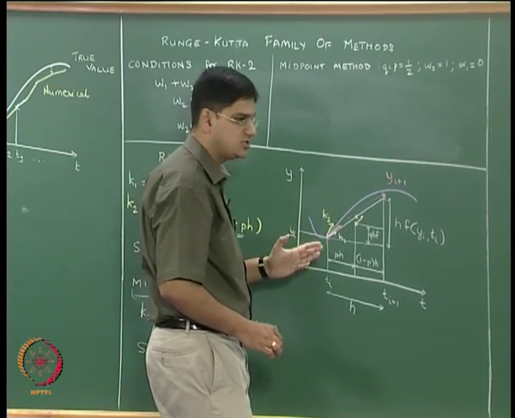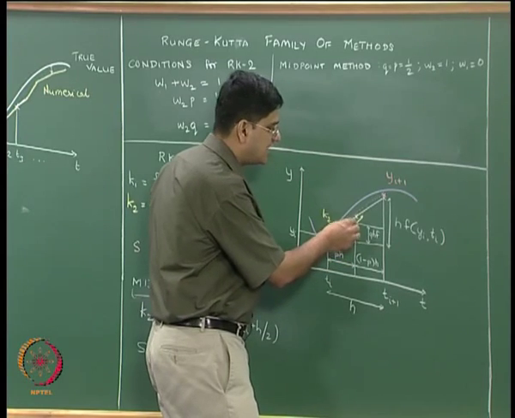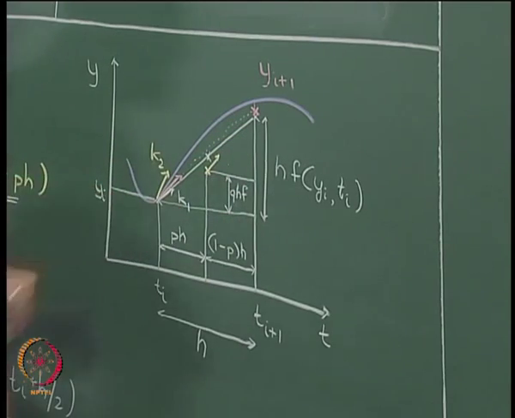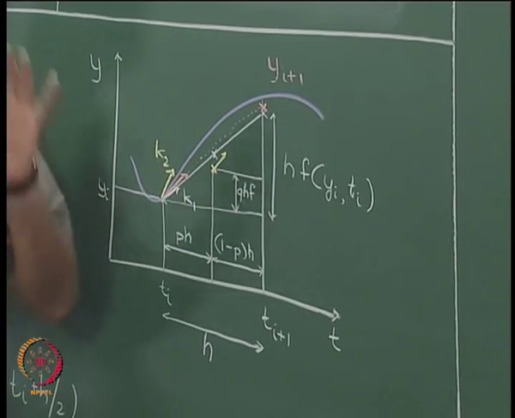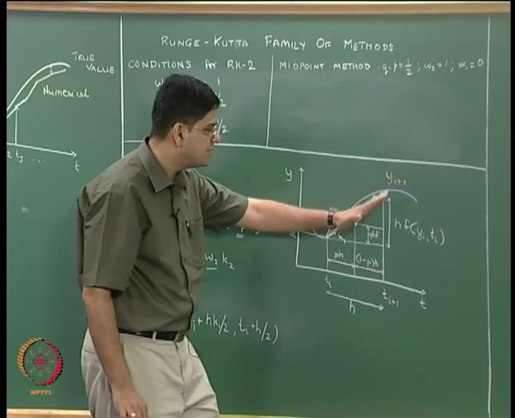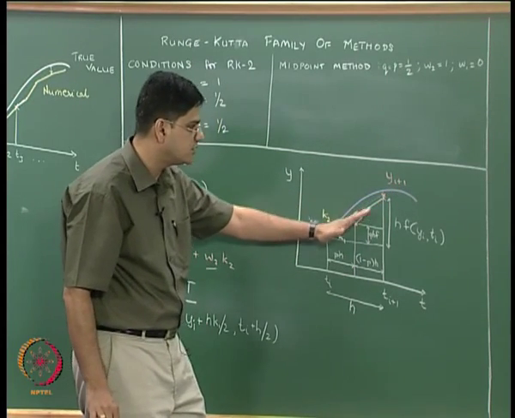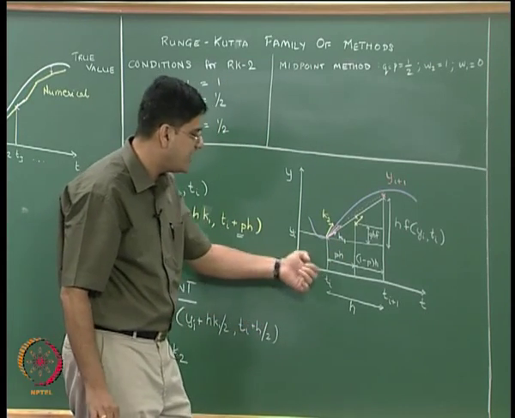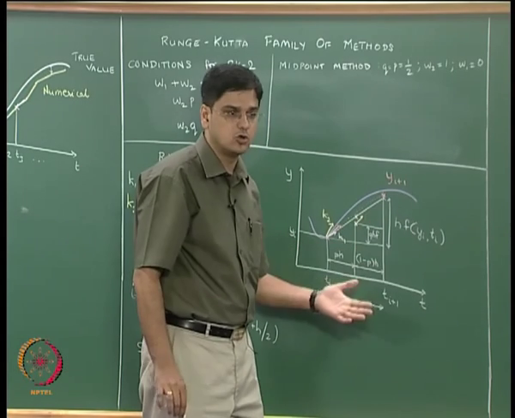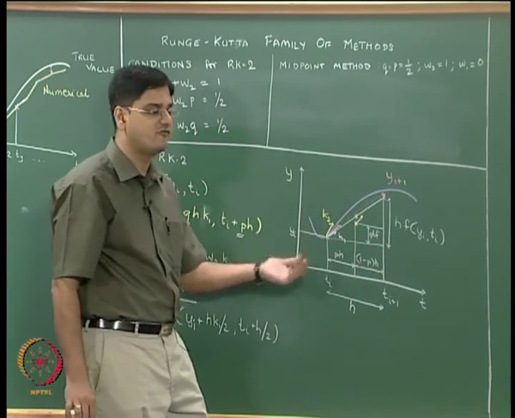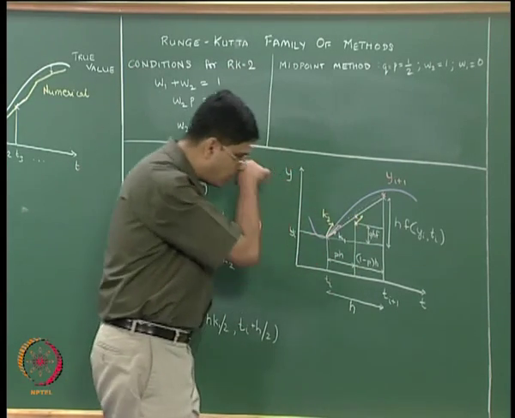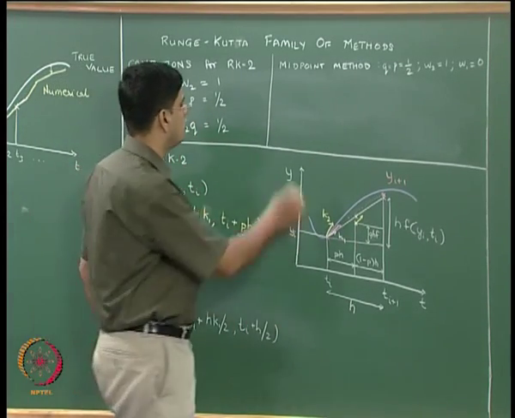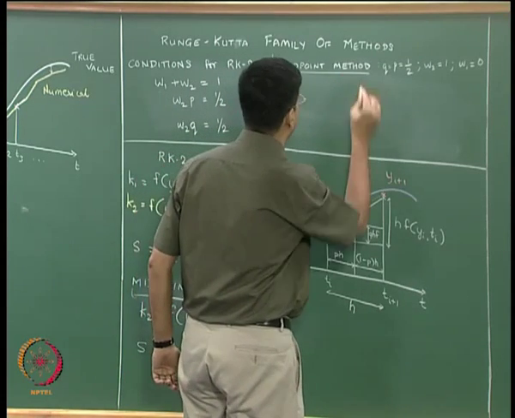What it geometrically means when we say p equal to q is that the yellow cross that we had shown at an arbitrary location in this particular rectangle for the RK2 method does not appear at an arbitrary location, but it always appears on this particular line segment that joins yi, ti and has a slope equal to f of yi comma ti. Okay. So this point is always going to lie on this particular curve. That is one of the things that we get out of the derivation for the RK2 method.